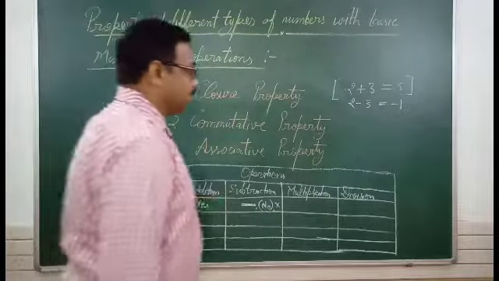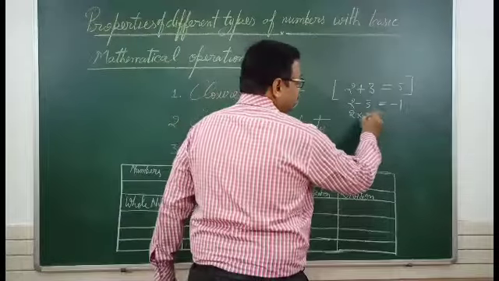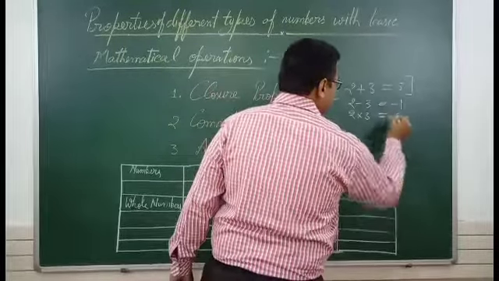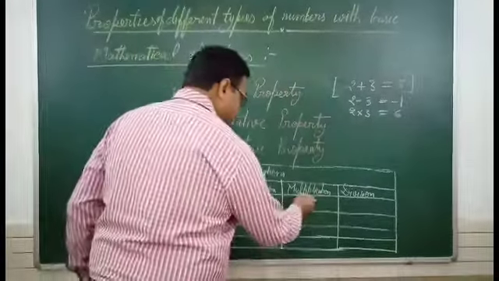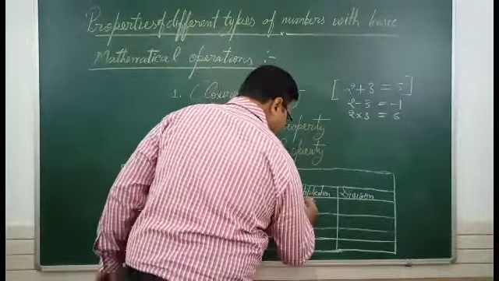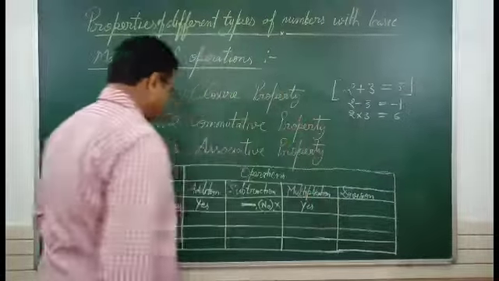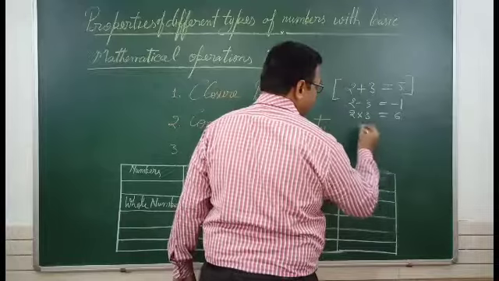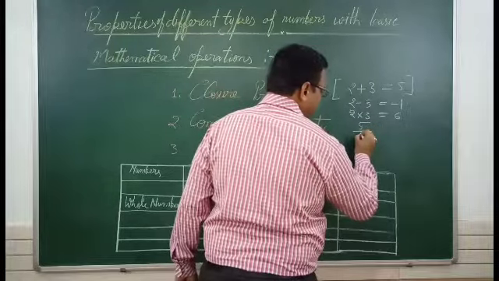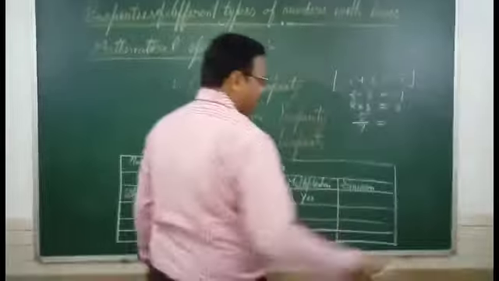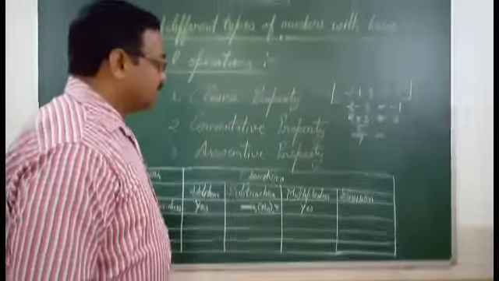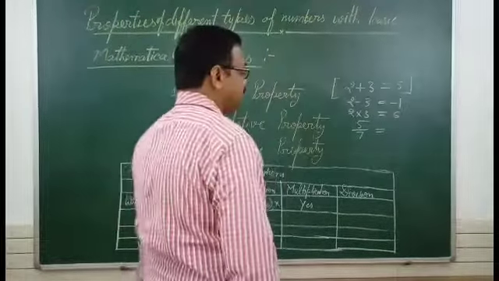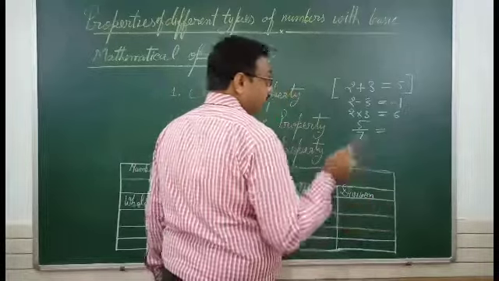After that, for multiplication, 2 into 3, the answer will become another whole number. 2 3s are 6. So you can write it. Yes, whole numbers are closed under multiplication. Here you will write yes. But for division, we can take any other number like 5 divided by 7, or any other fraction you can choose, and you can observe that under division, whole numbers are not always closed.